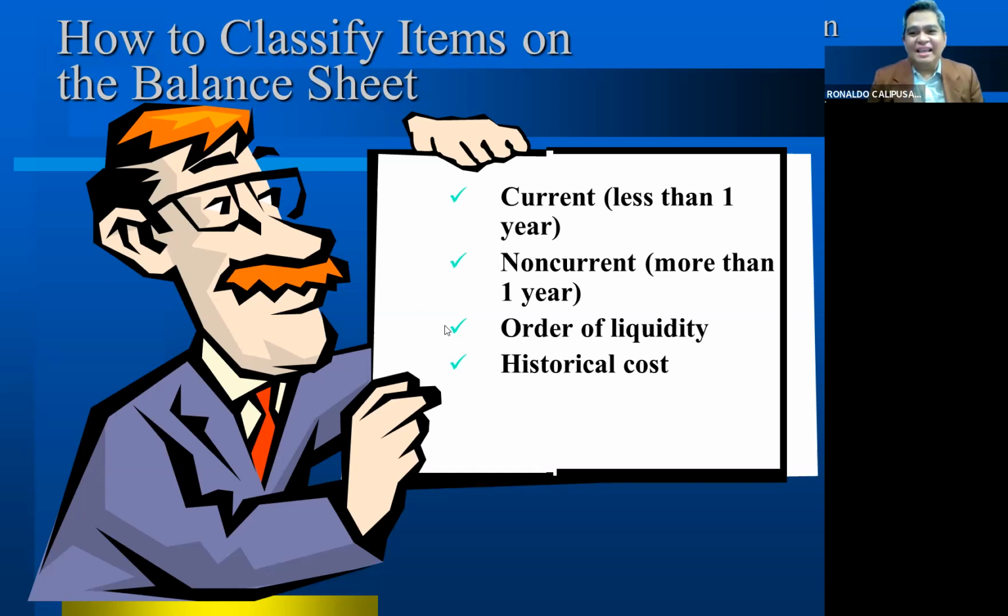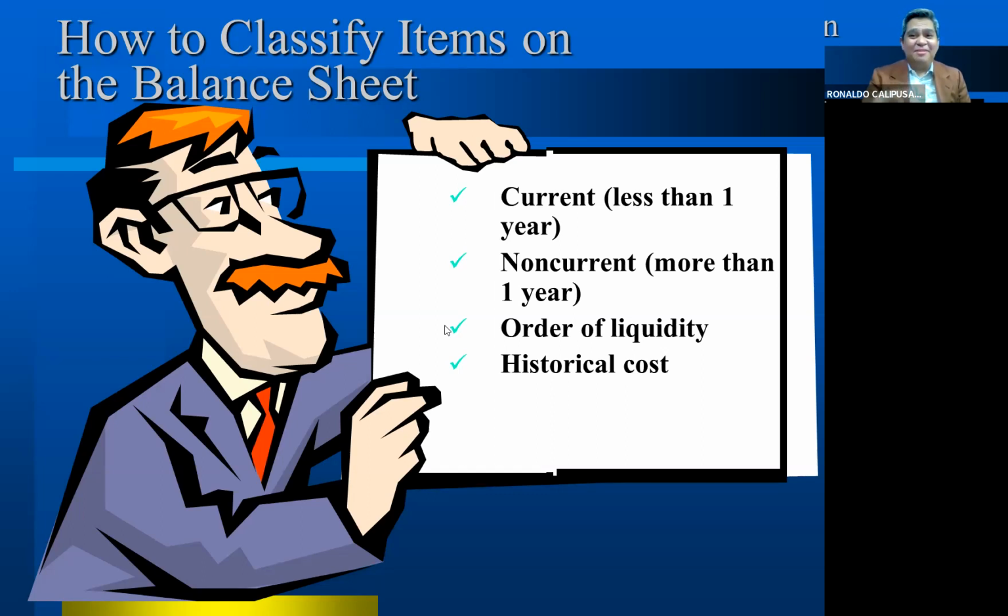Let's analyze that again, Miss Flores. For example, let's say your inventory is masks. Of course, the mask can last for more than 1 year. But do you want the mask to be sold in less than 1 year, or do you want the mask to be sitting in your warehouse for a year or more? Very good.